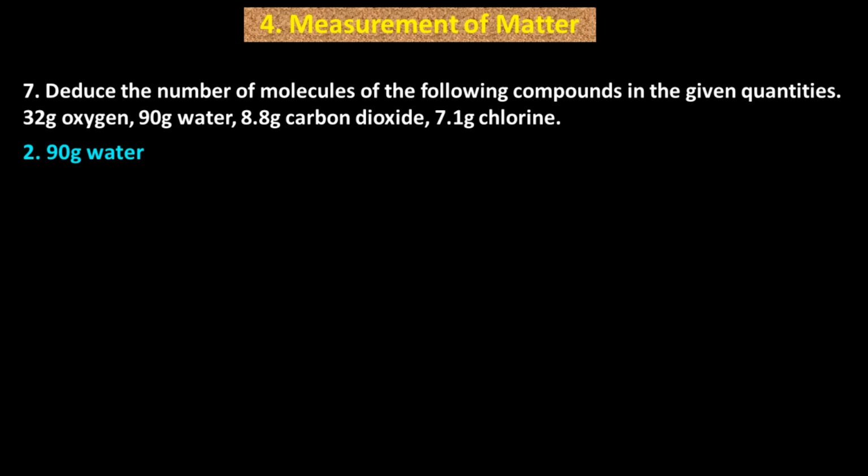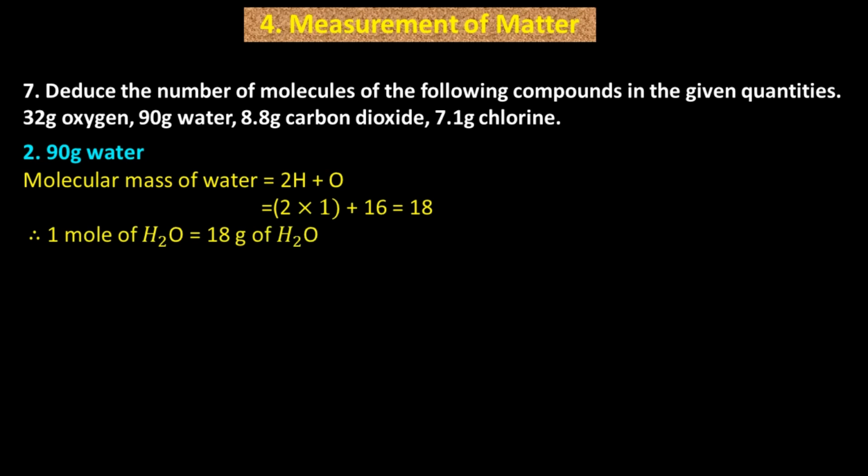Now, 90 gram water. Molecular mass of water, H2O, means 2 hydrogen plus 1 oxygen, is equal to 2 multiplied by 1 plus 16 is equal to 18. So 1 mole of H2O is equal to 18 gram of H2O.